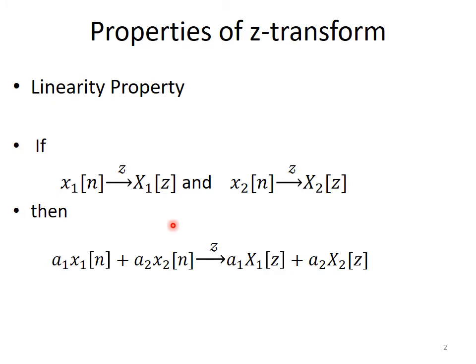Then if x1 is multiplied with some constant a1 and x2 is multiplied with some constant a2, the Z transform would simply be a1 multiplied by the Z transform of x1 of n, which is X1 of z, plus a2 multiplied by the Z transform of x2 of n, which is X2 of z. So this is what the linearity property is.